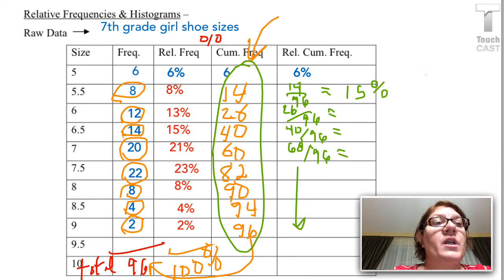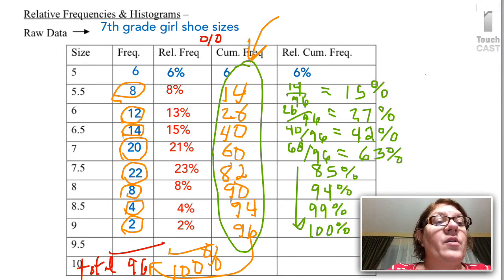So here I've got 14 out of 96, which rounds to 15%. Here I have 26 out of 96, which rounds to 27%. Then I have 40 out of 96, which rounds to 42%, and so on. I will fill them in. And so if you notice, by the time I get to the bottom, I actually have 100%, which is what I should have.